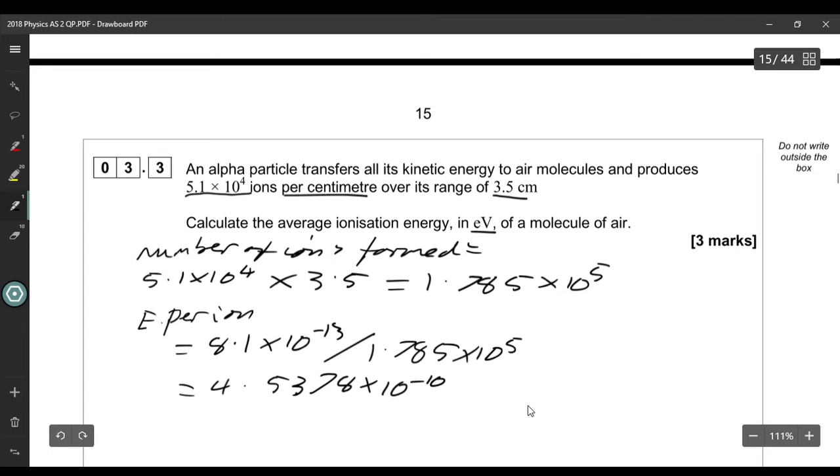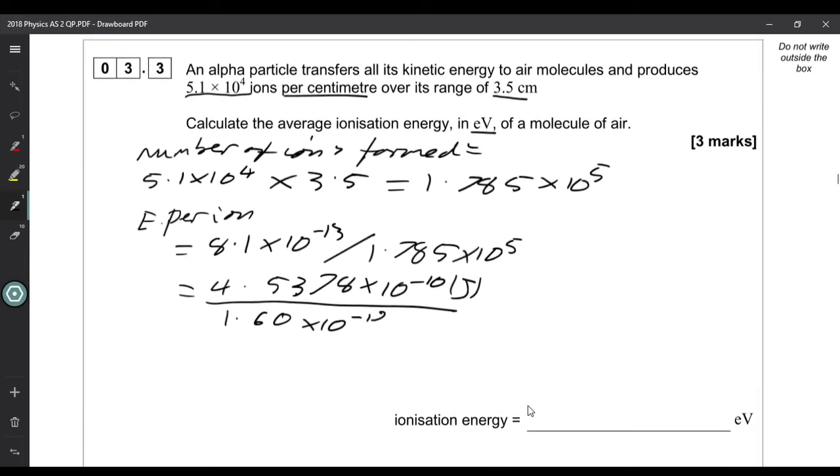Now that's in joules. We need to convert it to electron volts as stated in the question. So we're going to divide that by our 1.60 times 10 to the minus 19. So this is in joules.